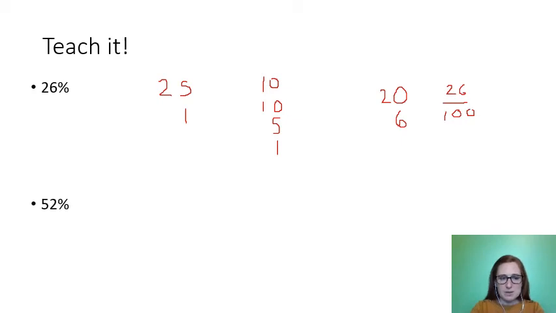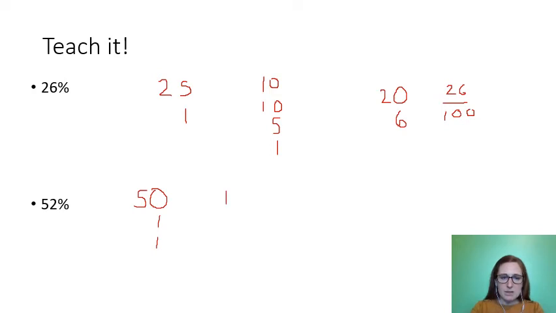With 52%, you might want to find 50% by halving, find 1% and find 1%. You find 1% by dividing by 100, adding them together to make 52%.